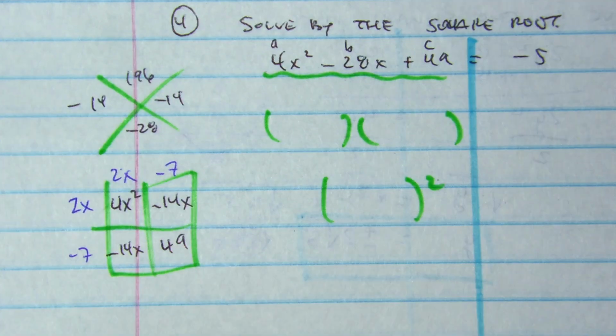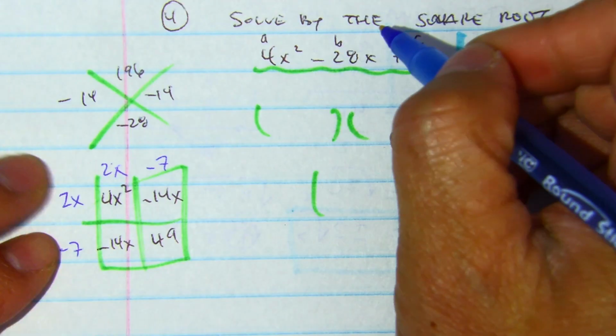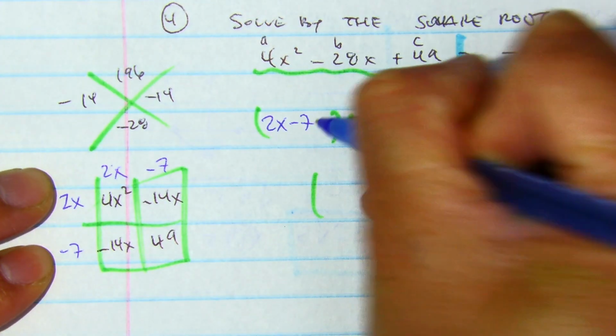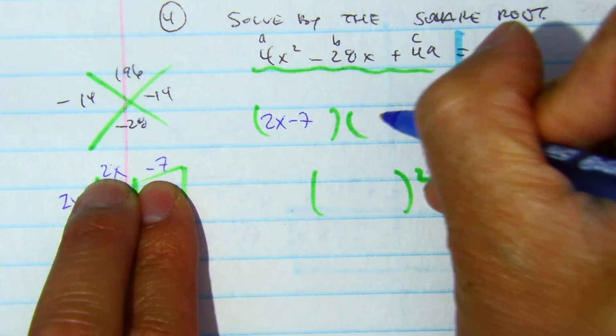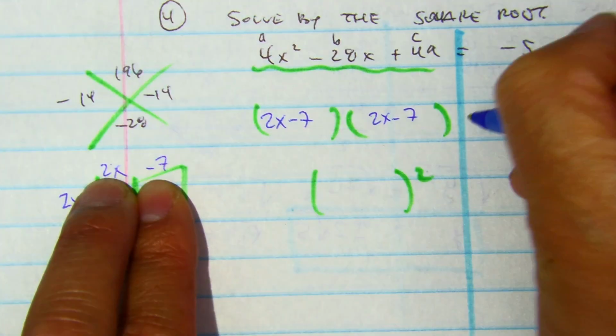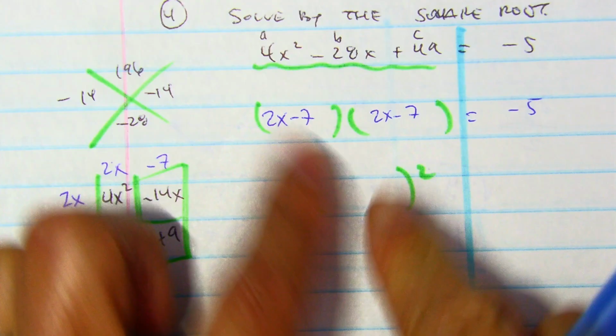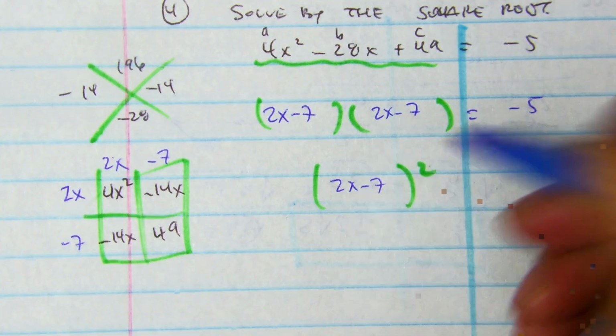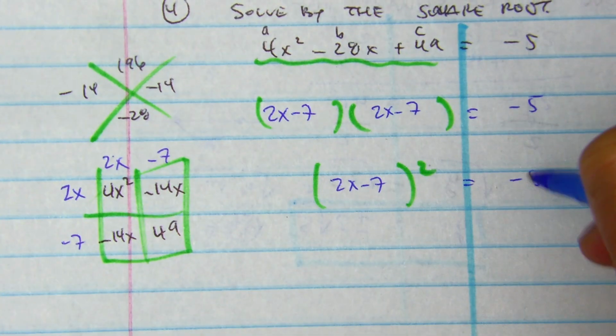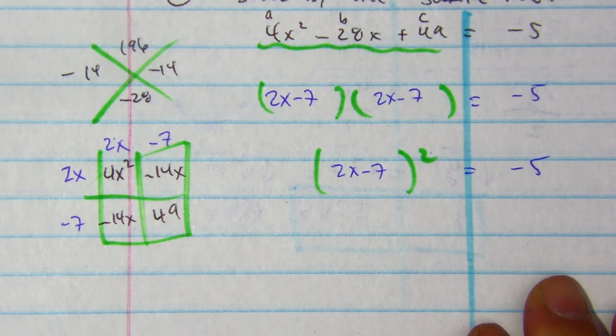And negative times negative is a positive 49. That's how you know you're doing it correctly, because it's a perfect square trinomial. These expressions are the same. 2x minus 7 is what's on the outside of the box. So 2x minus 7, quantity squared, equals negative 5.